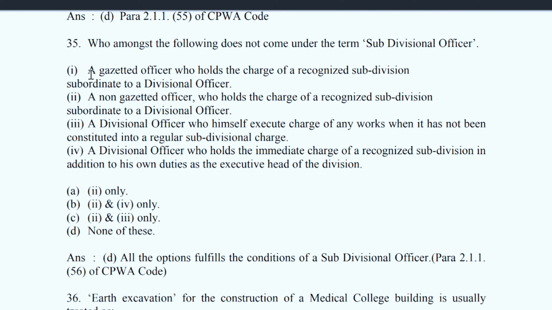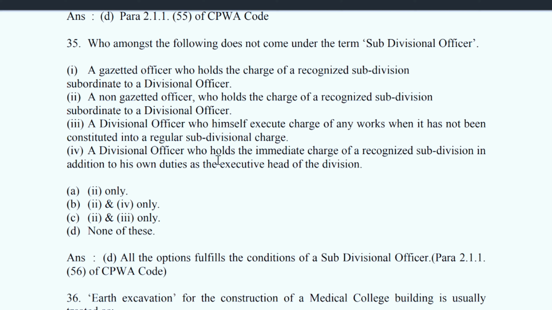Option: a gazetted officer who holds the charge of a recognized subdivision subordinate to a divisional officer. A non-gazetted officer who holds the charge of a recognized subdivision subordinate to a divisional officer. A divisional officer who himself executes charge of any work when it has not been constituted into a regular subdivisional charge.